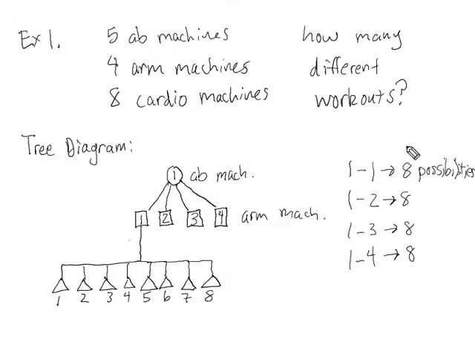Okay, and so for the sake of convenience, I'm not writing the number of the cardio machine that we picked. I'm just putting the number of possibilities. So we have 1, 2, 3, 4 different choices here as far as picking ab machine 1 and then an arm machine. And after that, each one of these would have 8 possibilities.